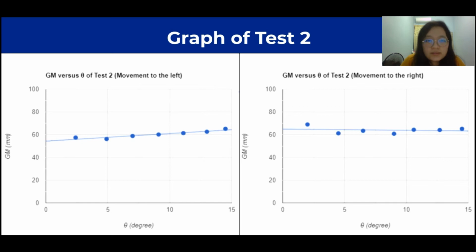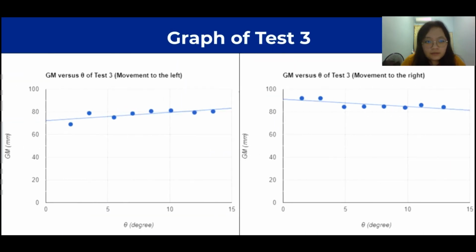When theta equals 0, the GM value for the movement to the right is 64.951 millimeters, while for movement to the left is 44.347 millimeters.